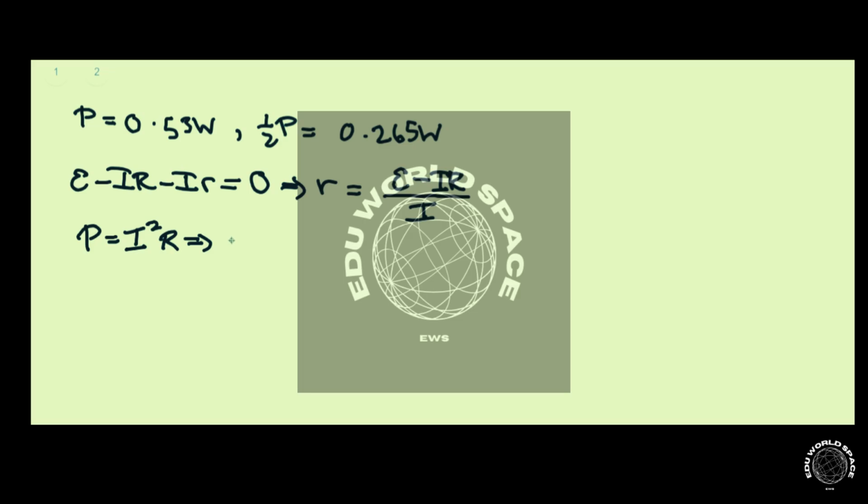So then I squared is equal to P over R, or I is the square root of P over R. Okay, so let's put in the values.